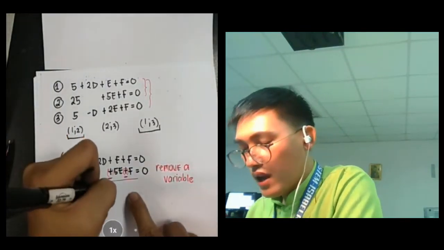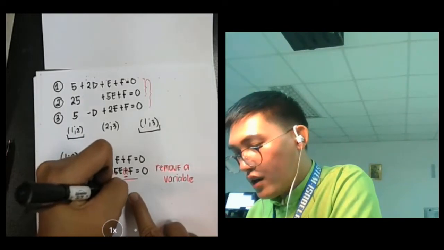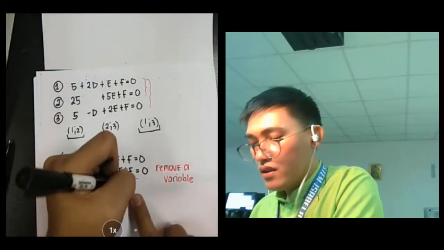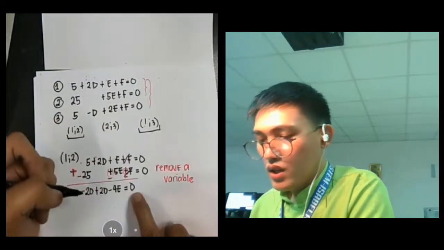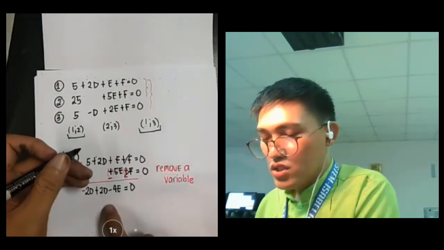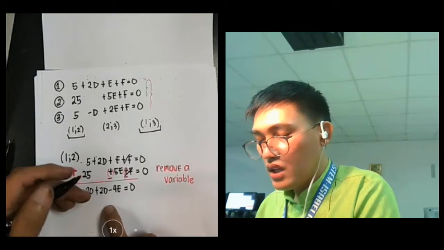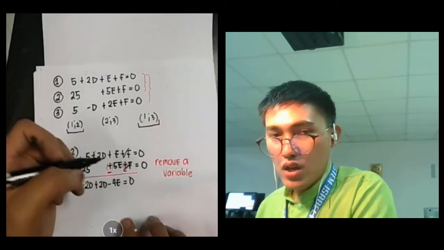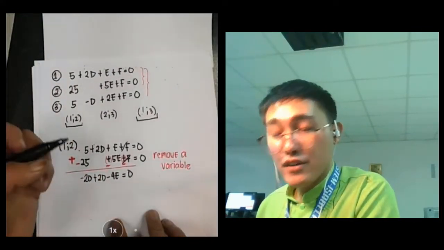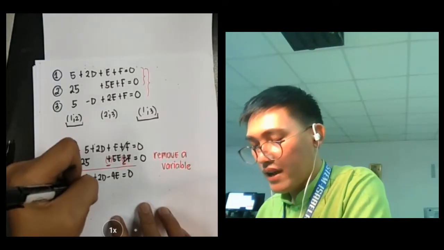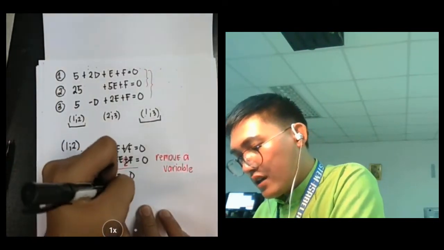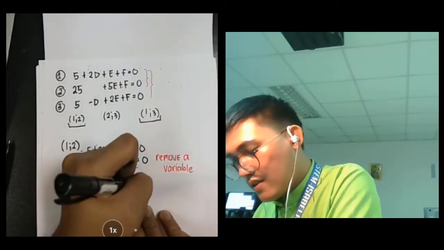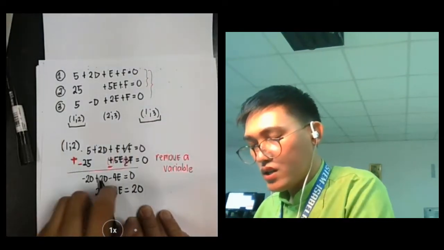You can put negative 20 on the other side so that we have a clearer version of this equation. We'll be having 2d minus 4e is equal to positive 20. So this is equation number 4.